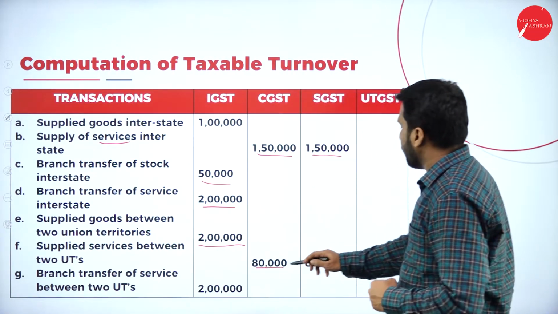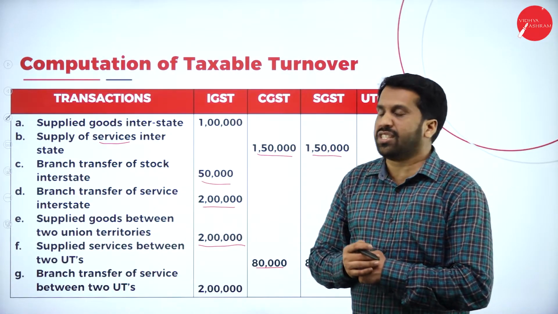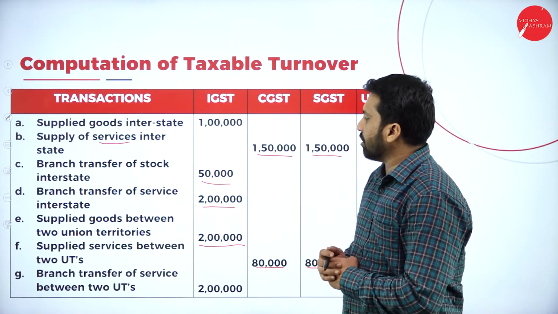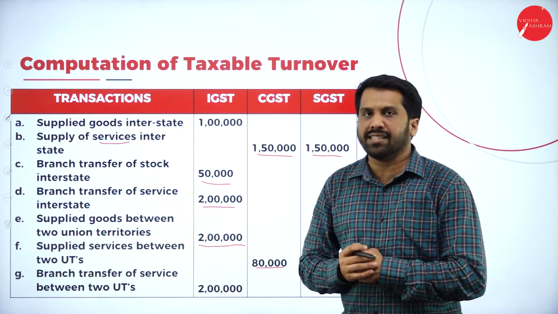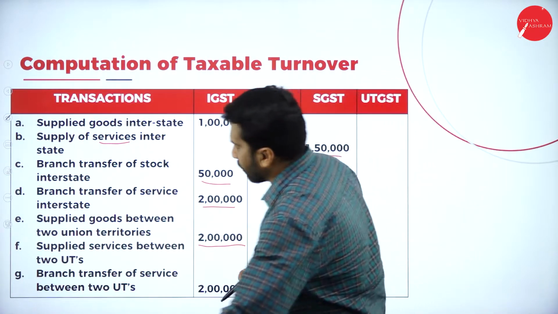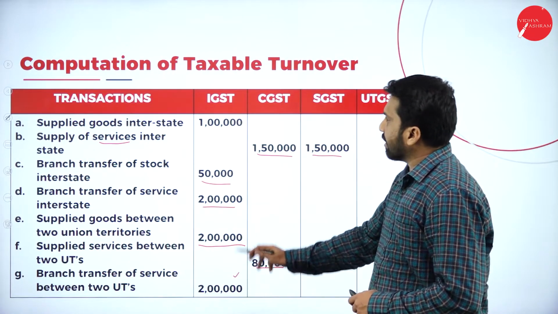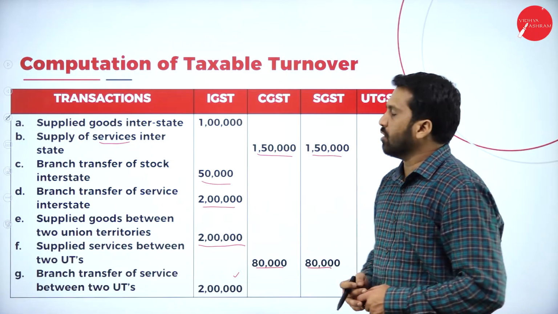It will be this one and this one, your CGST and SGST. First one, goods comes under IGST. Services comes under CGST as well as SGST. Now, I'll go to the next one. Branch transfer of services directly will come under IGST. Any branch transfer comes under IGST.